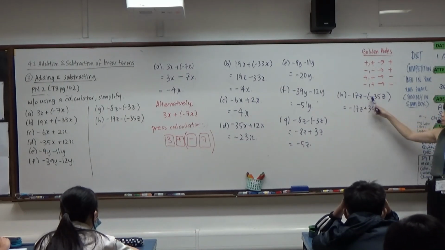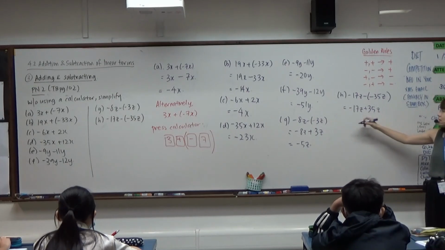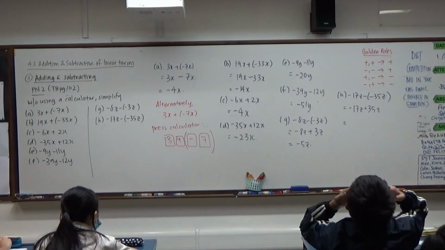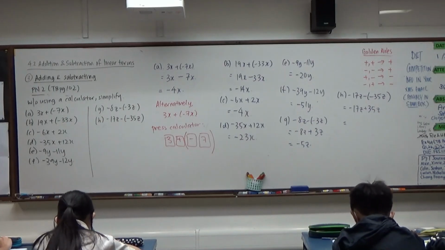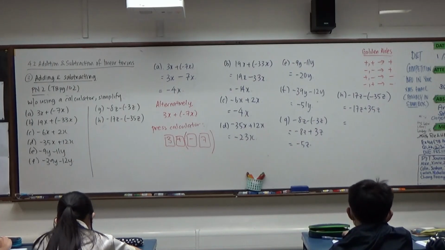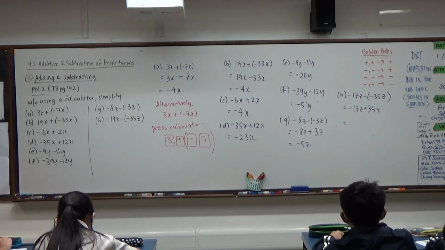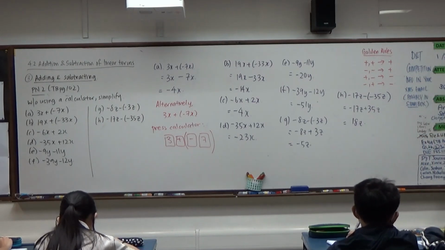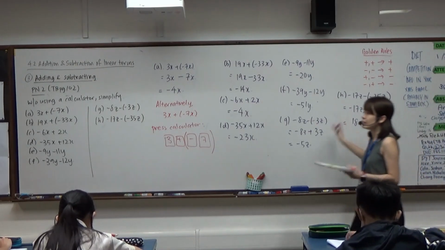Okay, so minus gives us plus, so we have a plus here. And then final answer, what do we get? You can use a calculator if you need to. Okay, so we get 18z. Thank you. Alright, are we clear about this?